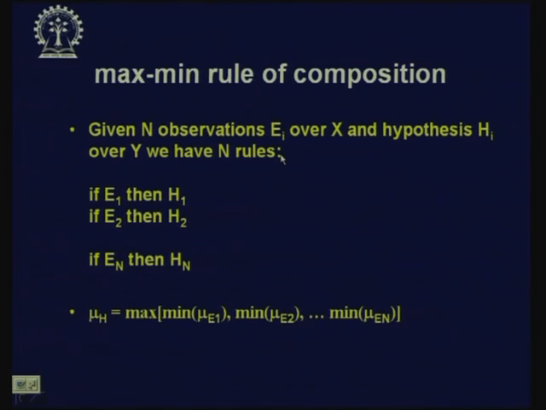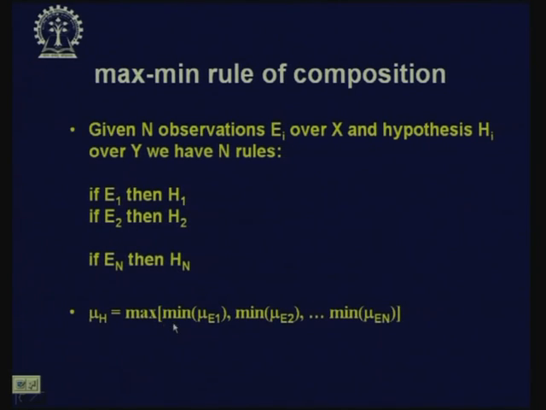Suppose I have got multiple rules, there are n observations, E1, E2, E3 like that up to En over x, and we have got n different hypotheses for them. Now, I want to evaluate the strength of the hypothesis.